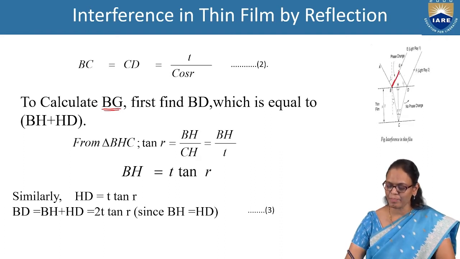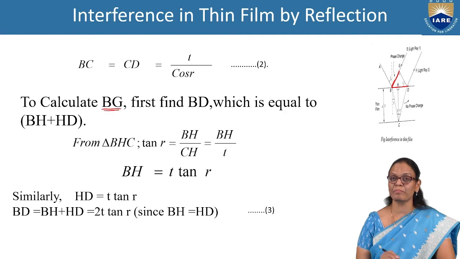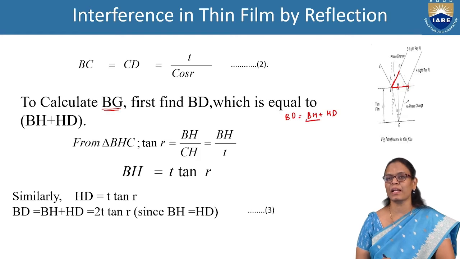To calculate BG, first we have to find BD. BD is an unknown for us, so first we will find BD. How do we get BD? BD is nothing but BH plus HD. So we write BD is equal to BH plus HD. How do we get BH and how do we get HD?